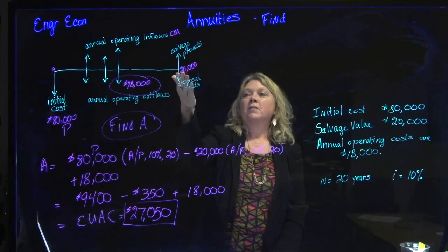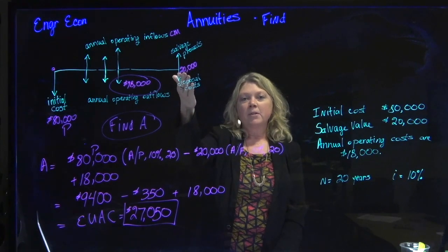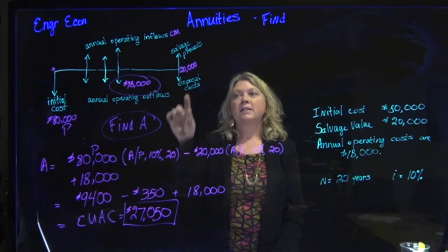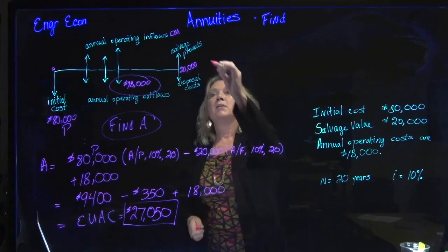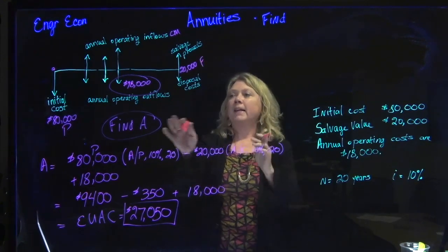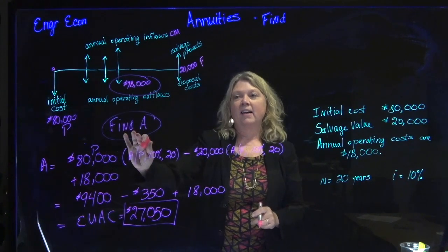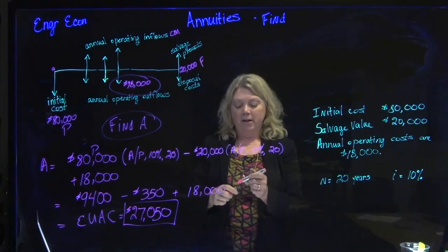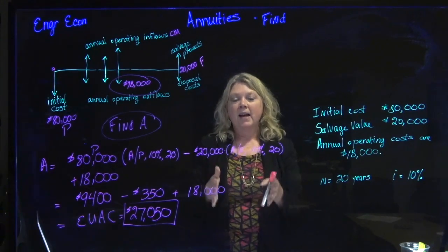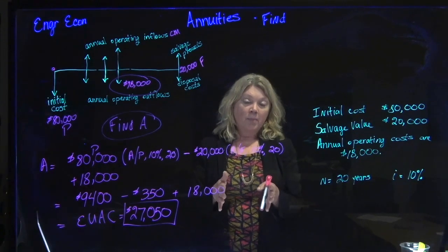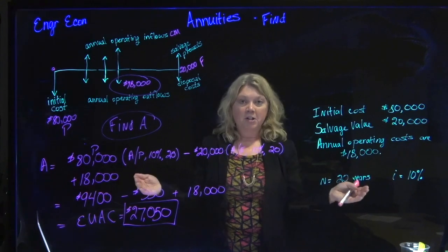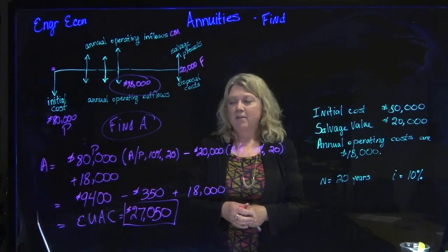The salvage value proceeds that we can sell that machine for at the end of its life is a future value, right? So we want to turn that future value into A and turn the initial cost into an A, and annual operating costs already are in terms of A. Then we can get an average annual cost or benefit of running this machine for its entire 20-year life.